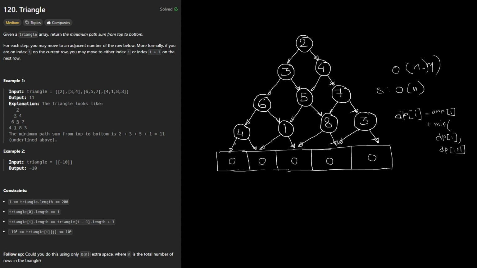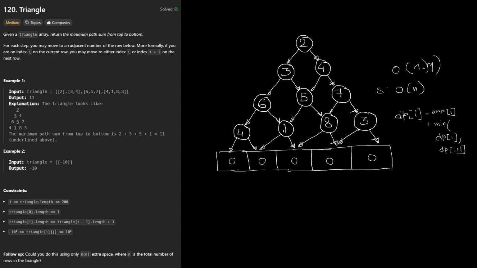So how is it going to look? Let's say the value 4, and the initial dp is this. What would be the value of 4? It would be 4 plus whatever the previous values are. The previous values are 0 and 0, so it will remain 4.